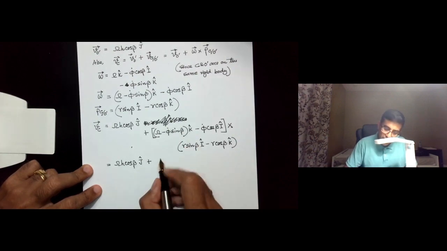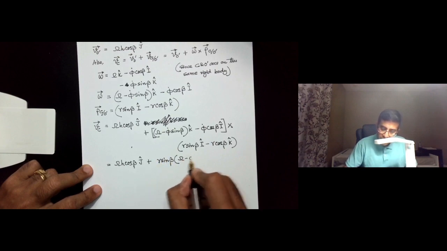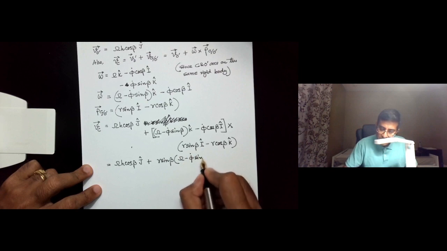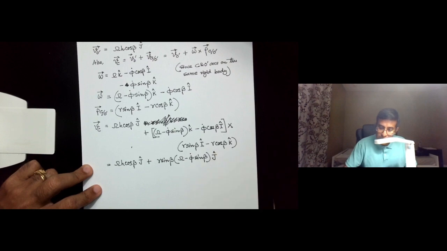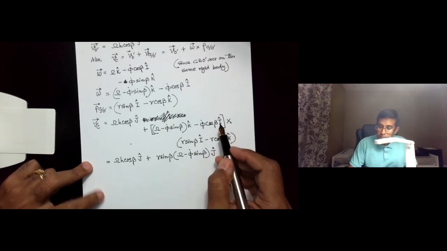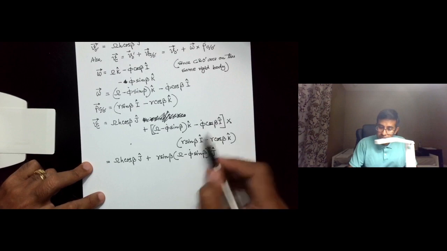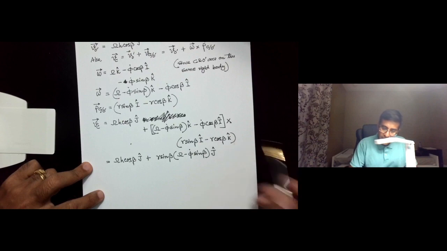So k cross I is going to be r sine beta times omega minus phi dot sine beta. K cross I is j, so put the unit vector. Next we do the term by term cross product of this term with these two. I cross I is 0 and I cross k is minus j.